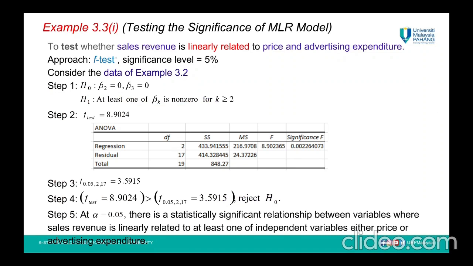To study the linear relationship between the variables in the data given, there are two approaches that we can apply, that are either the F-test or the p-value approach. Let's say for this example, we want to go for the F-test approach first, with alpha equals 0.05.